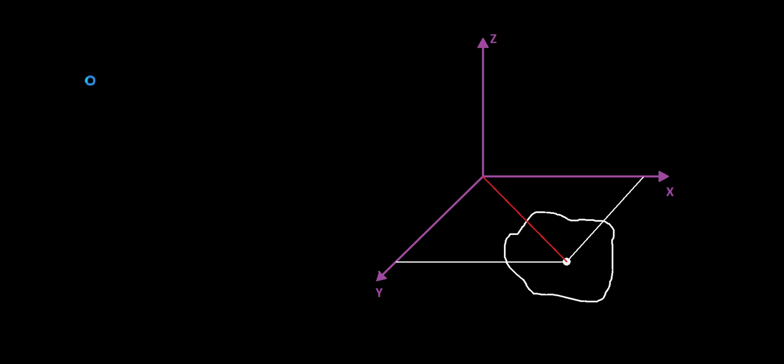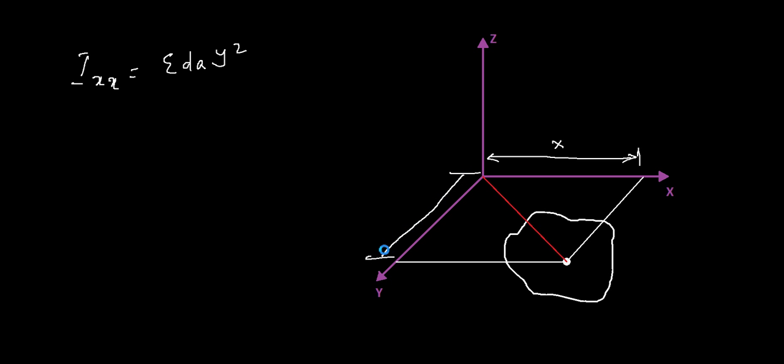So you have Ixx equal to summation dA y square, and Iyy equal to summation dA x square.